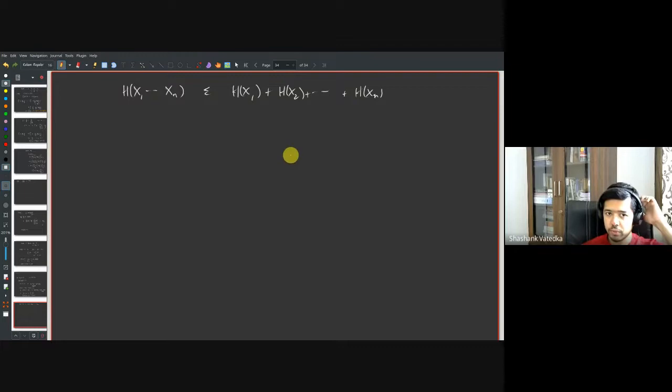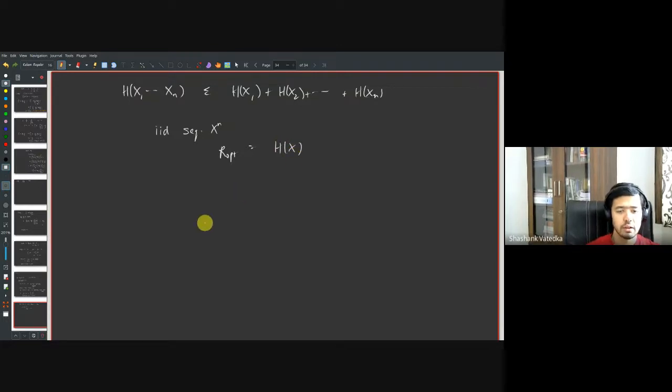Okay. So, for example, let's try to look at this in the context of compression. We've seen that for an IID sequence X^n, the optimal rate of compression is H(X).